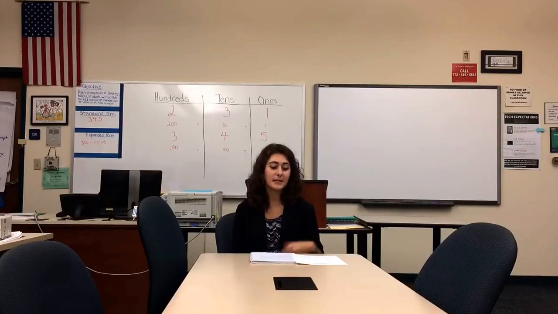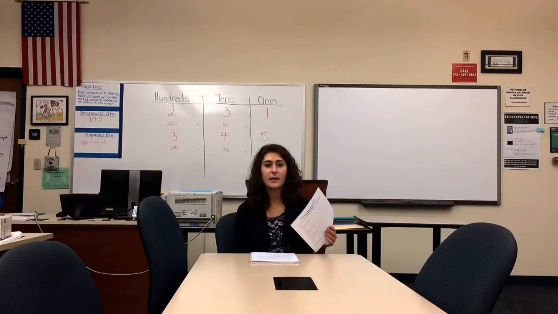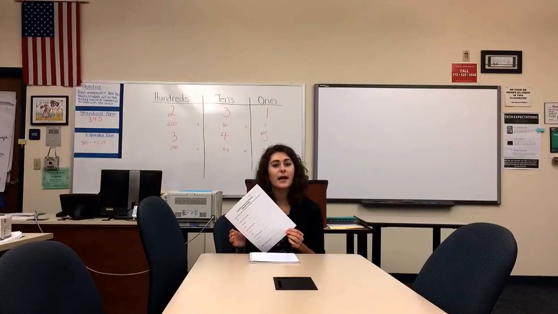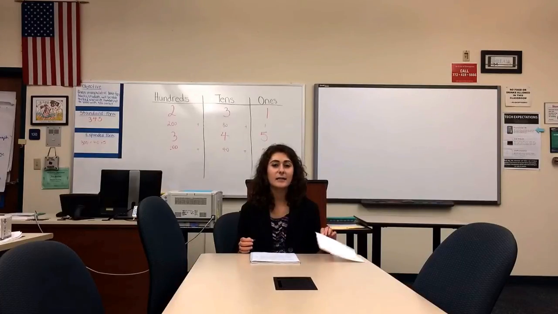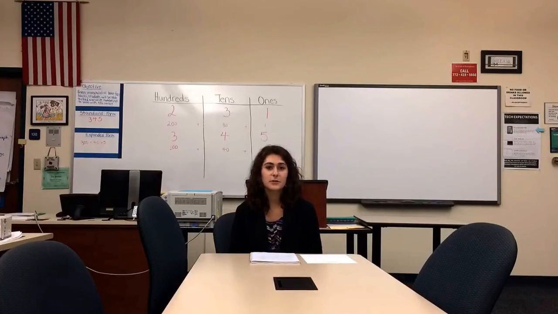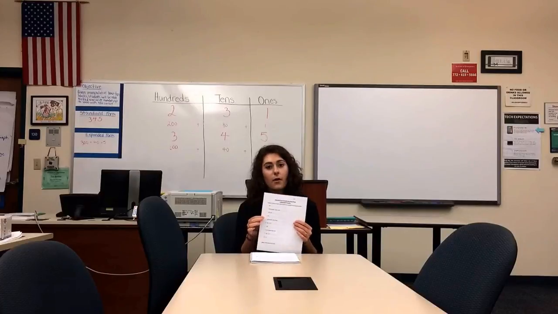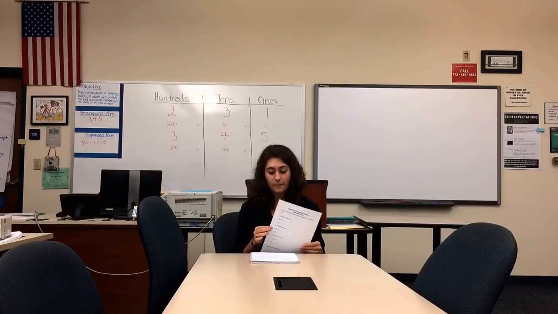Then for the independent practice, students would be completing a 10-problem worksheet, and they would have to have at least 9 out of 10 problems correct to achieve mastery. And they would be writing the number in either expanded form or in standard form.